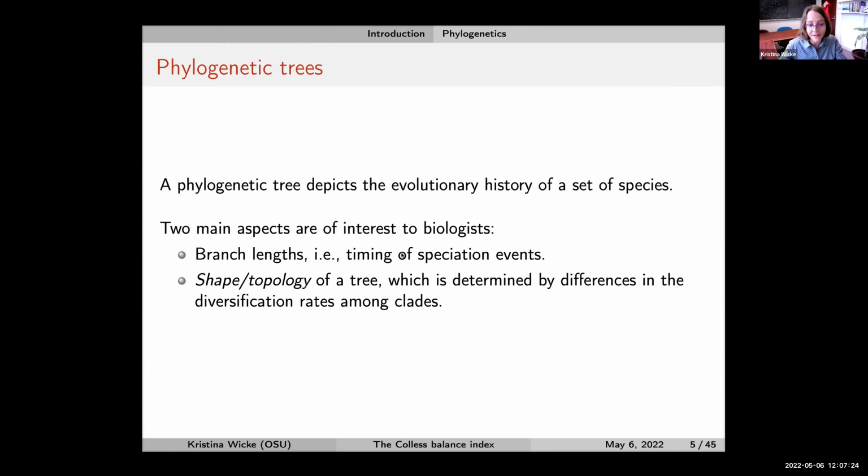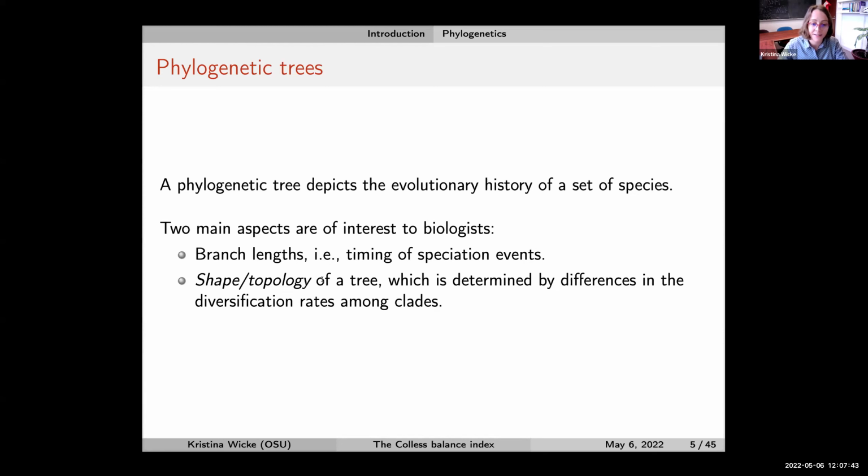One main interest for biologists is, of course, to infer the actual tree, infer the relatedness and relationships among species. But then given a tree, it's also of interest to, on the one hand, study or infer the branch lengths, which means inferring the timing of speciation events.